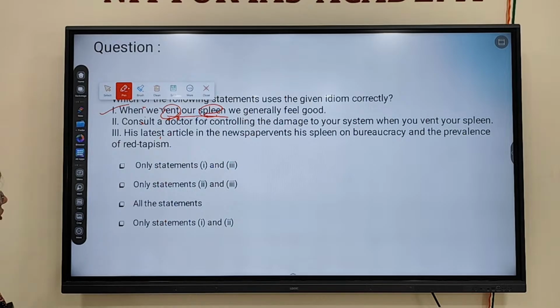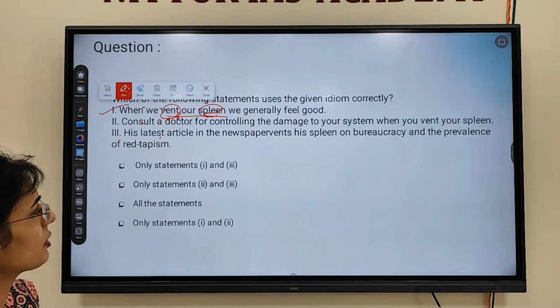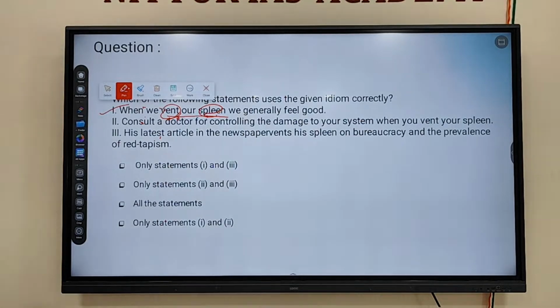And emotions. Okay. His latest article in the newspaper vents his spleen on bureaucracy and prevalence of red tapeism. So in the last article, he's vented his spleen, talking about bureaucracy. Which one is correct?